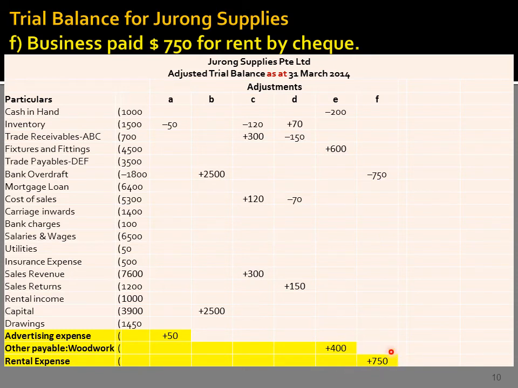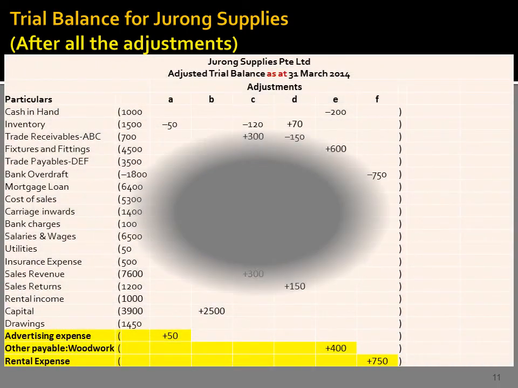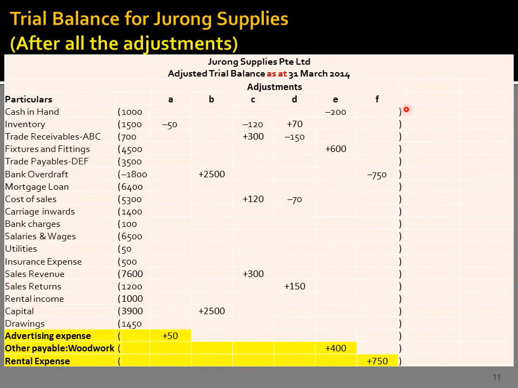The rental expense account is not present in the list of accounts given, so we would need to record it as a separate line. After recording all the adjustments, we would then place a closed bracket at the end of the particular section.